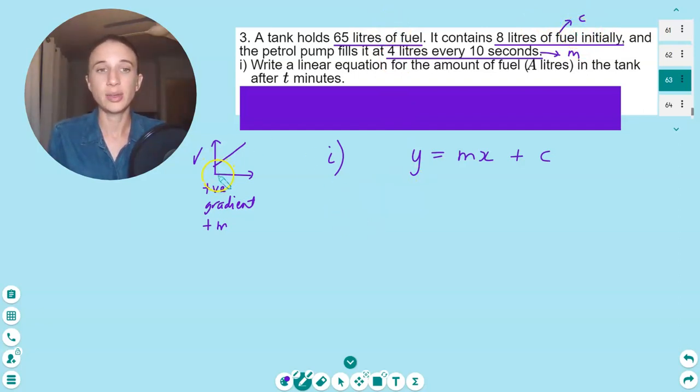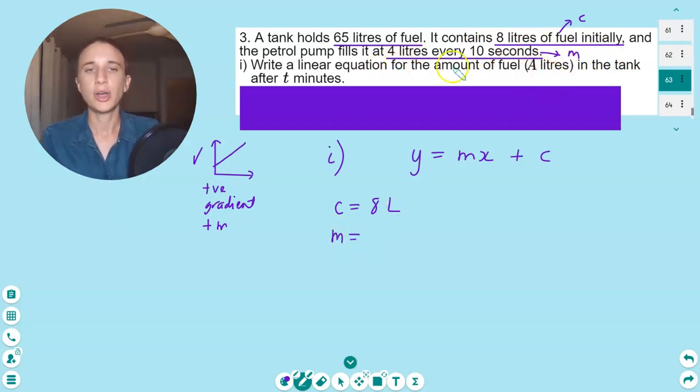The initial value is when time is 0. c is 8 litres. Now, what have we got? The m value. Now they want our linear equation after t minutes. So we're given 4 litres every 10 seconds.